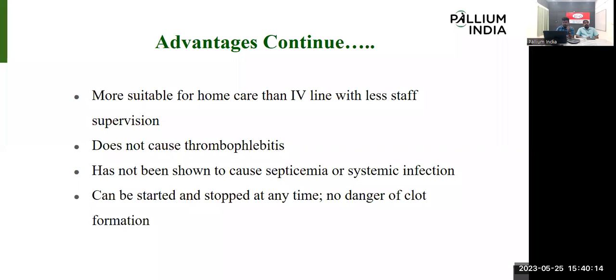So already I told there is no involvement of the circulatory system. So there is no chance of thrombophlebitis, as can happen in the IV. There is no chance here in the subcutaneous route. Then systemic infection or septicemia will not happen in the subcutaneous route of administration, because only the subcutaneous space is involved.